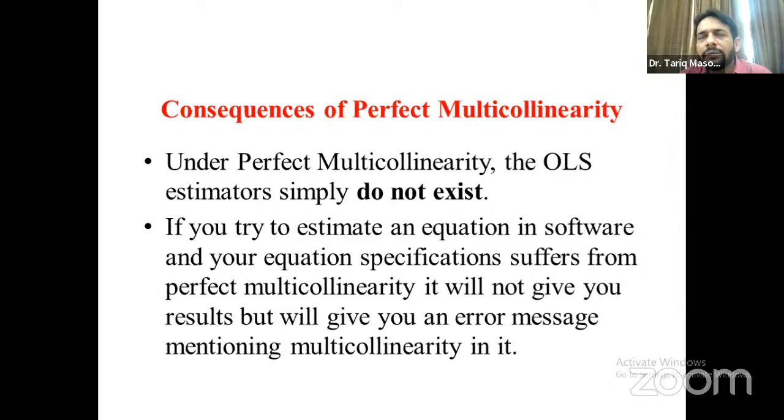We cannot get beta 2 and beta 3, or beta 1 or beta 2, their respective coefficients. Okay? And if you are using software, you will get an error message, or sometimes software automatically drops one variable because they are the same variable. There is perfect multicollinearity. Software will suppress one variable and estimate by using the remaining variables.